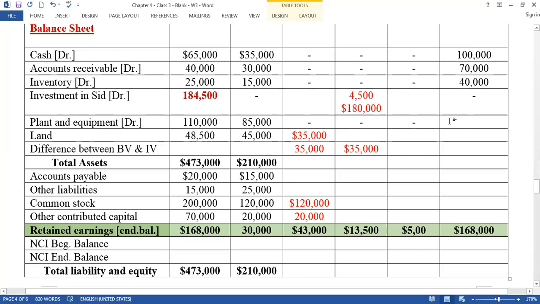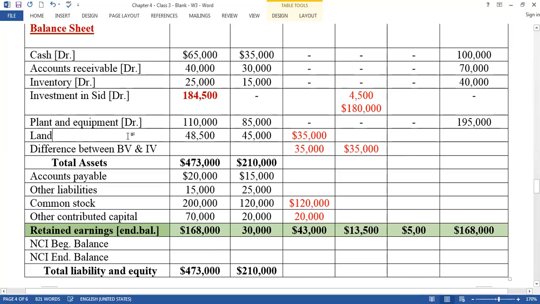It is plant and equipment, right? So $195,000.